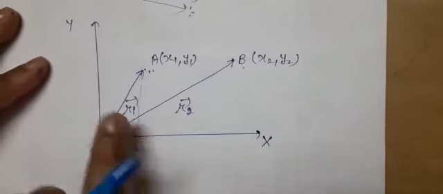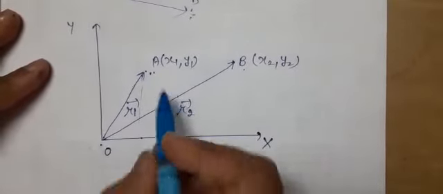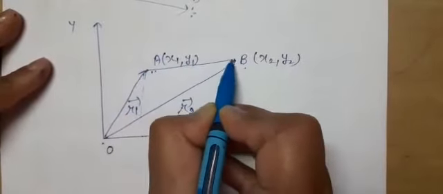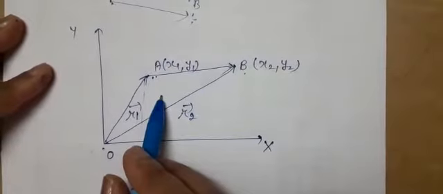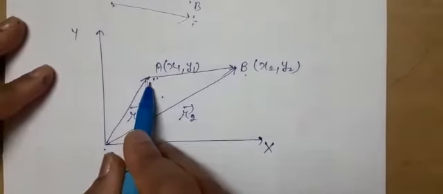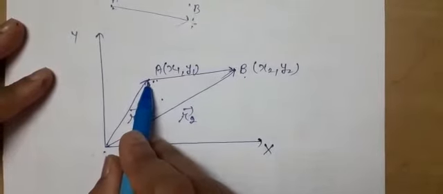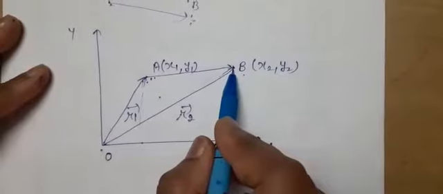Right. Now this is the concept of position vector. The displacement vector is a vector which is drawn from A to B. This vector is not drawn from the fixed point, the origin, but from the head of one vector to the head of the second vector.